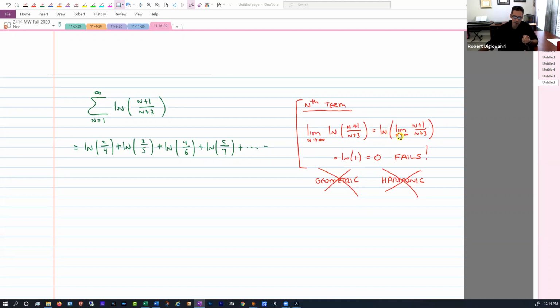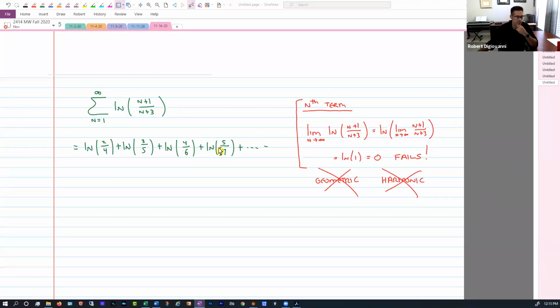So you're doing the natural log of 1, which is 0, which means that the test fails. Any questions there? It's not geometric because you don't have n up in a power. It's not harmonic because you definitely don't have a constant over linear. So we start writing out the sum, and we realize we don't see anything canceling, right? There's no minuses. So does anyone have any ideas? Because partial fractions won't work either.